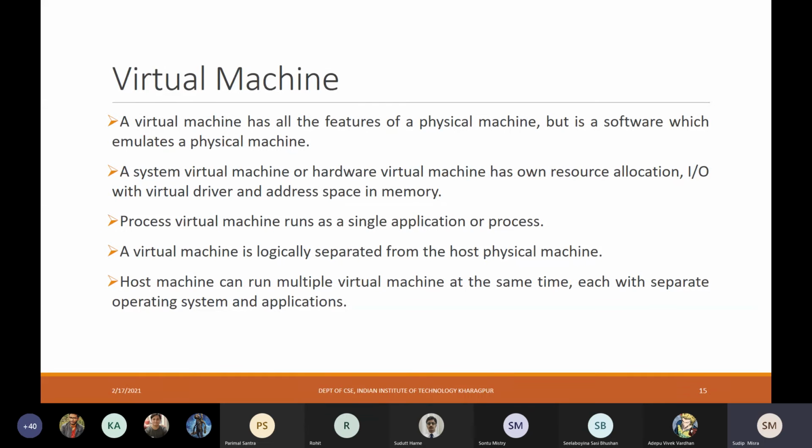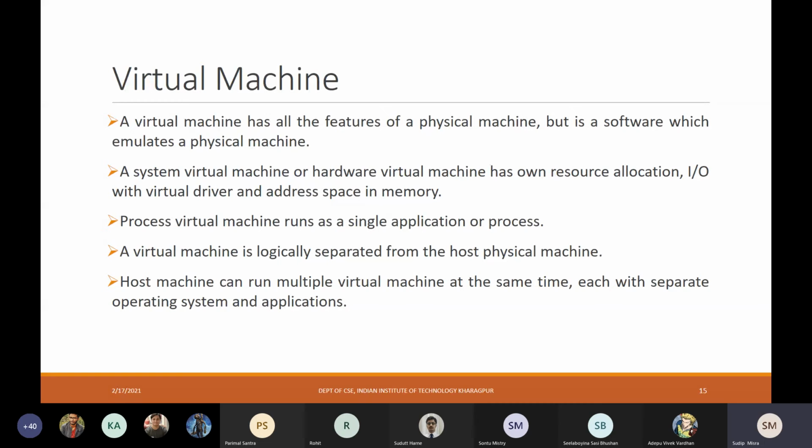One virtual machine may be running Windows, another could be running, let us say, something else. Different virtual machines could be running different operating systems, applications, and so on, right? But actually it is software.